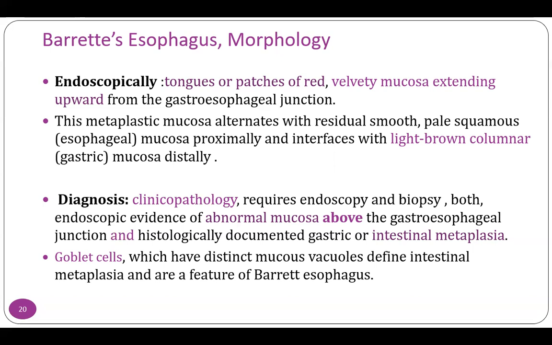It means he or she has seen something suspicious of Barrett's esophagus. Then the diagnosis of the pathologist will be, yes, we have columnar epithelium with goblet cells, and the final diagnosis consistent or suggestive of Barrett's esophagus.